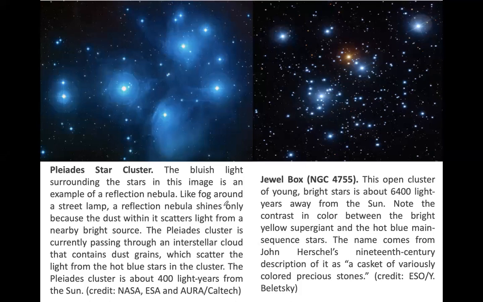That does not mean there are only 7 stars in the cluster; there are hundreds to thousands of stars, but 6 or 7 can be easily seen with the naked eye.